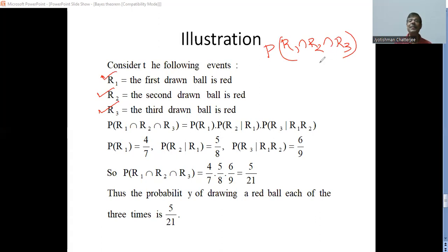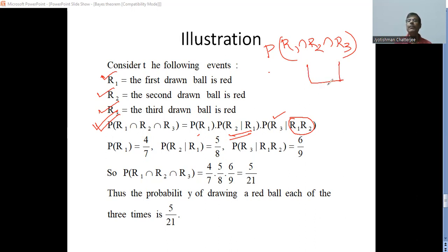And here, the multiplication rule will come in handy. The multiplication rule allows me to write this probability of intersection as P of R1 multiplied by probability of R2 given R1. Remember the form. And probability of R3, when we are computing the probability of R3, all the previous things are given, that is R1 and R2 are given. Now see the beauty of the multiplication rule. Probability of R1. R1 means what?